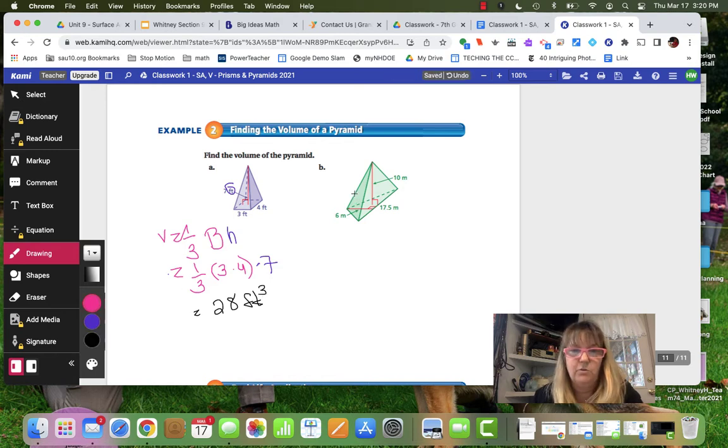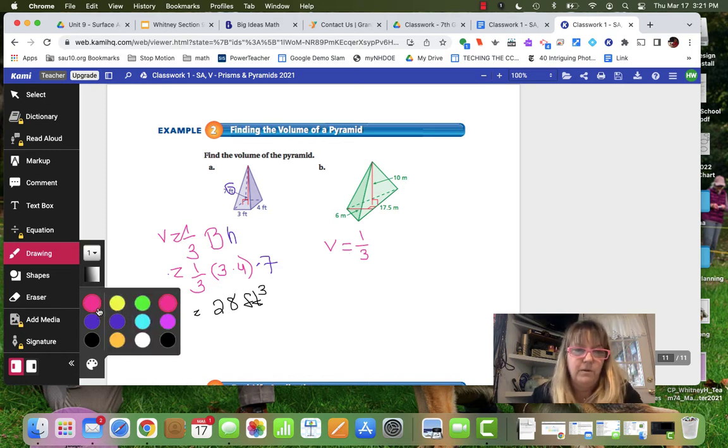Okay, so this one is confusing. I can't tell you that this is easy, but knowing what is the base height and the height of the pyramid and which side goes to which is really confusing. But we're going to figure out what the area of the base is.